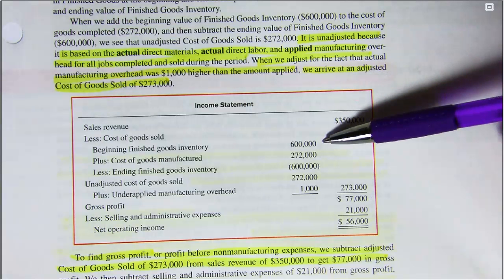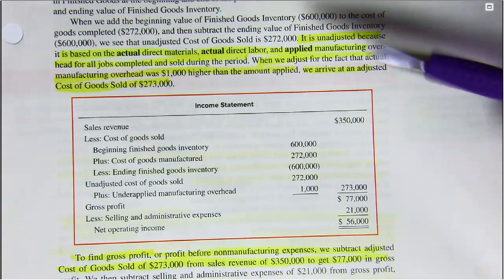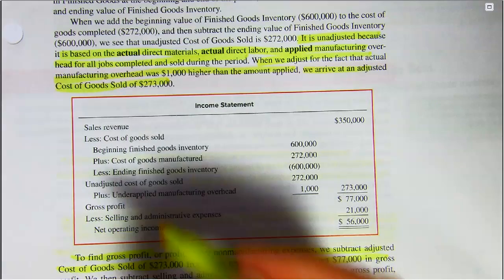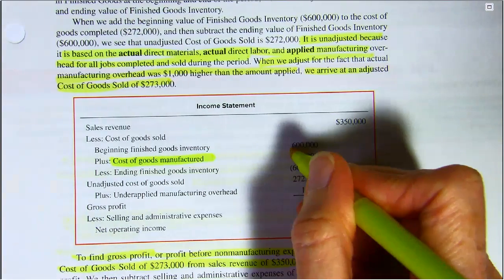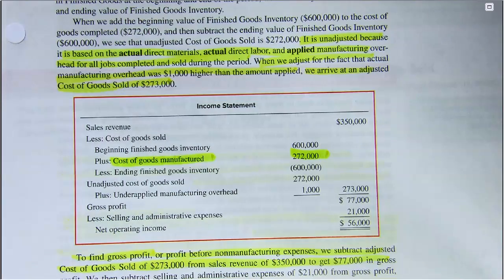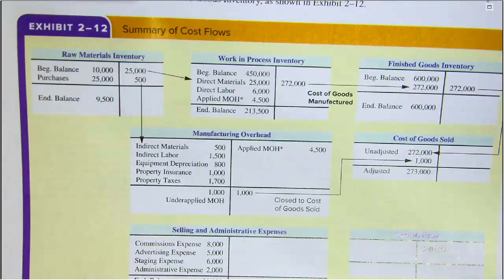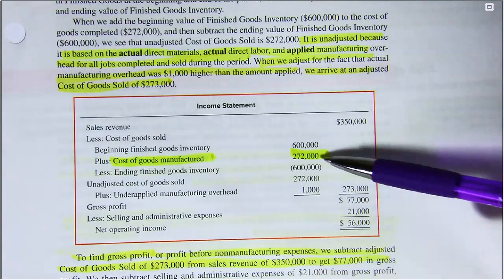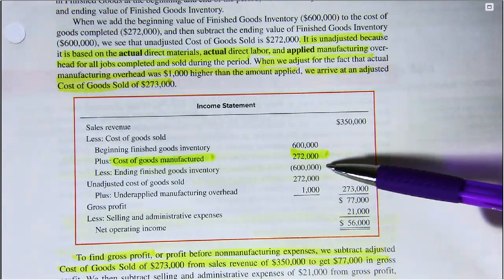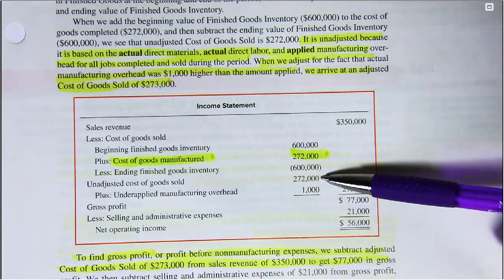We're going to start out with our beginning inventory of $600,000. Add in the cost of goods manufactured, what we added to finished goods inventory for this period, and that is $272,000. Subtract out what is still unsold, and that gives us the unadjusted cost of goods sold.